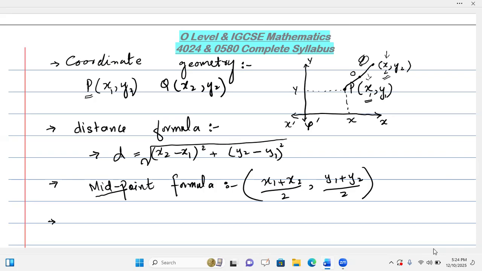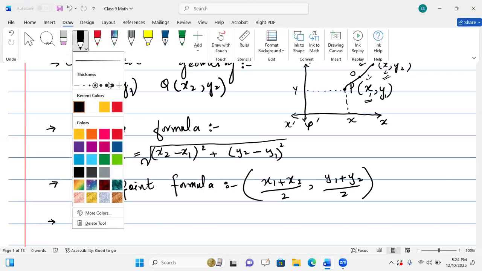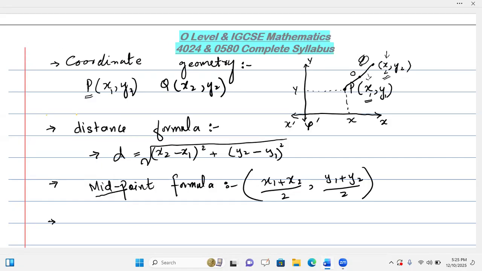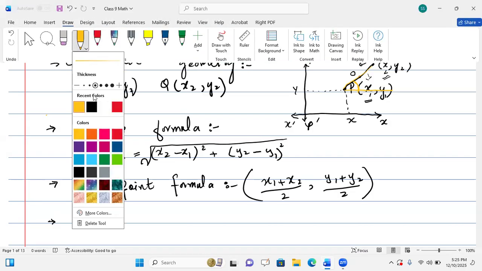After the midpoint formula, we will have to find the slope. Let's suppose you are given this line which I am drawing here. I calculate how much steeper this is from this horizontal line. You want to calculate this angle or the elevation. In that case you use the term gradient, or the term slope.